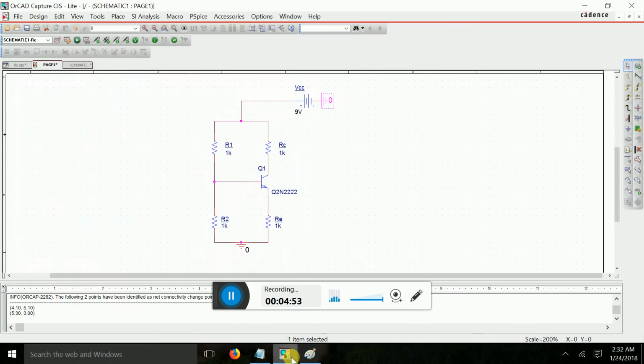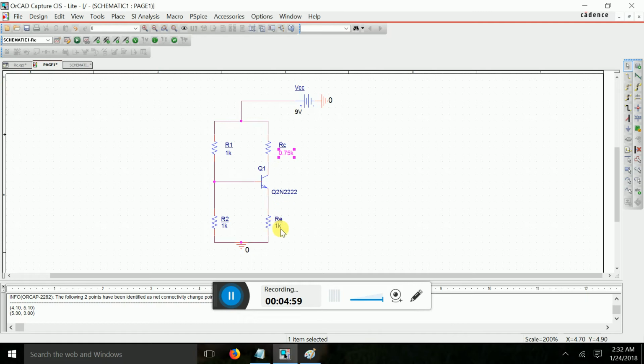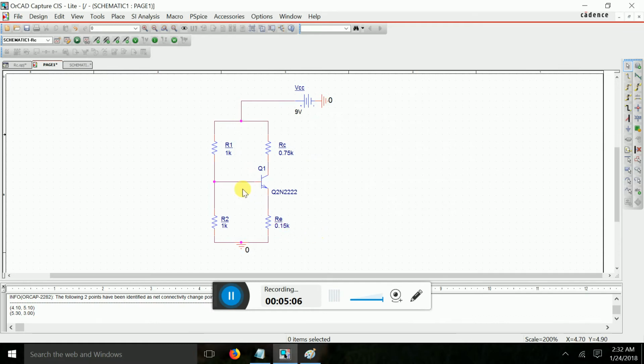Let us put the values in the circuit. This is 0.75k, this is 1.5k, 0.15k. Now when you have these values, then you must find this R2 and R1 also.